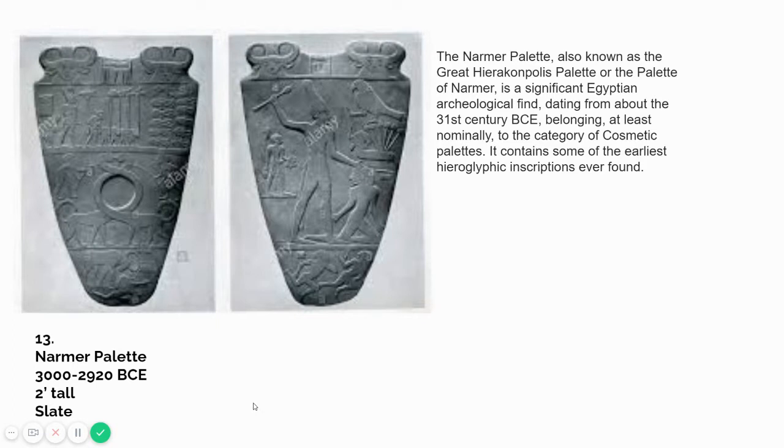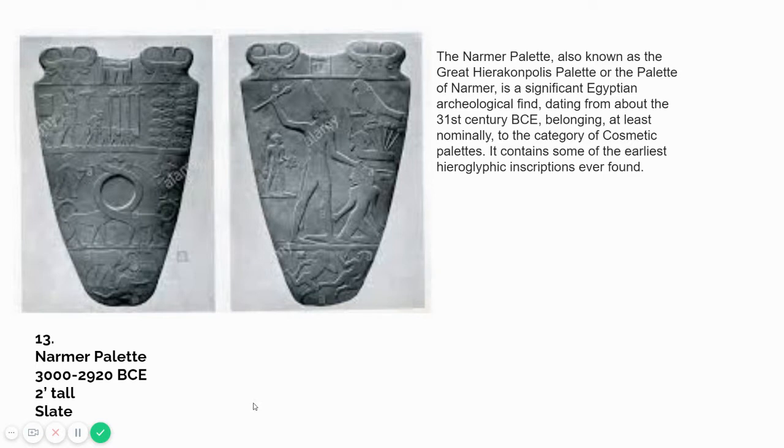It's called Narmer's Palette. It's from 3000 to 2920 BCE. It stands 2 feet tall, so 24 inches, and it is made from slate. This is a very significant Egyptian archaeological find.